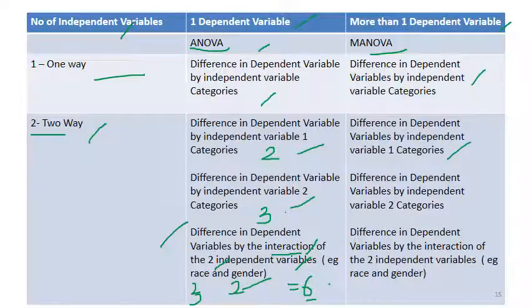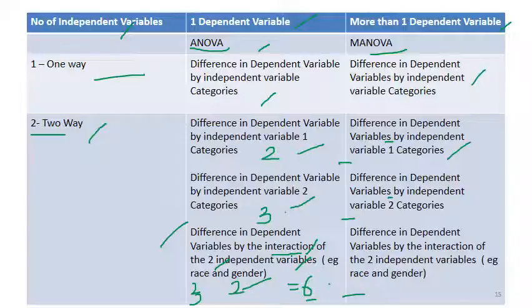Across all the dependent variables, we'll be looking at the differences. It's just that we add on one more level of analysis. So again, same here: differences in dependent variables by the interaction of the 2 independent variables.